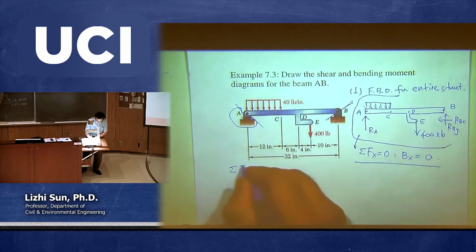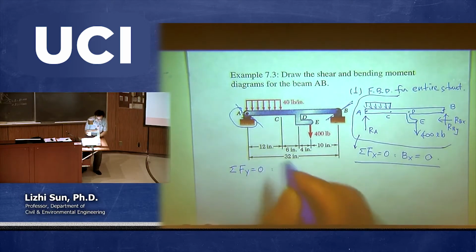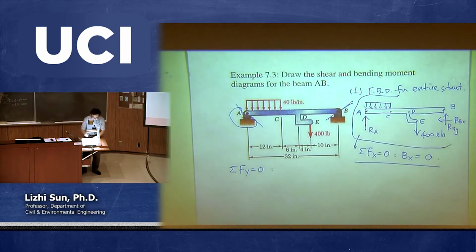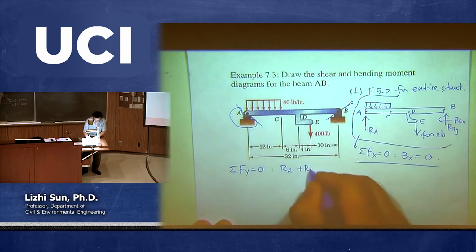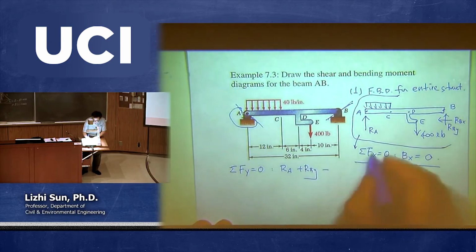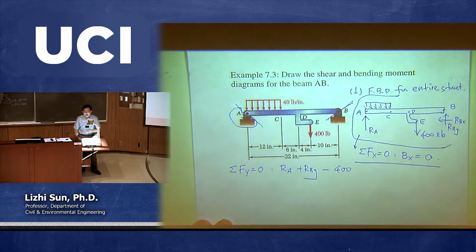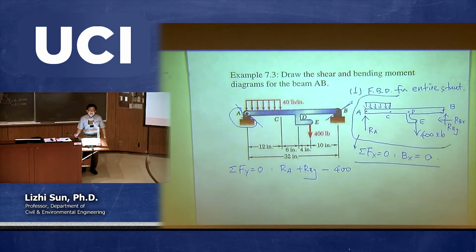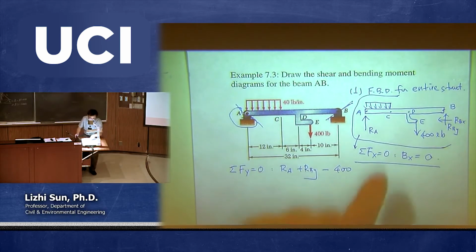Now the second equation, typically we are collecting forces in the y direction. So we are saying RA going up plus RBY going up, and then you have a 400 pounds force going down. Okay. And then there are forces which are distributed, applied between A and C. So how are we going to consider the contribution from the distributed load in this equation?